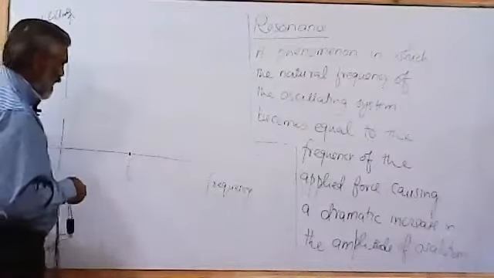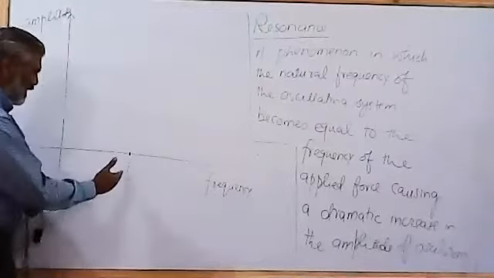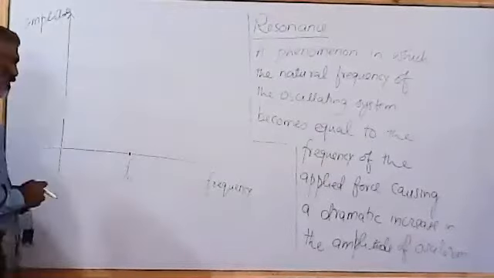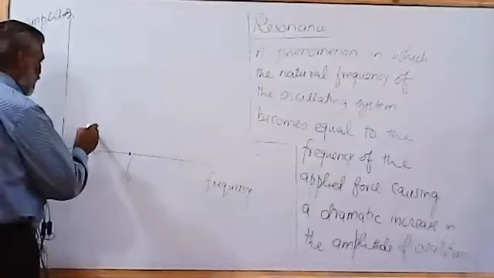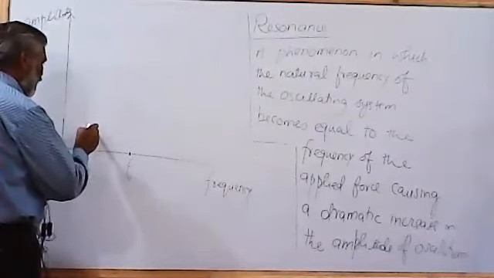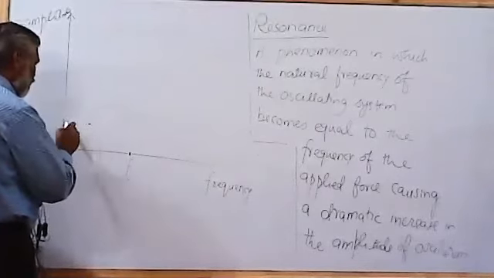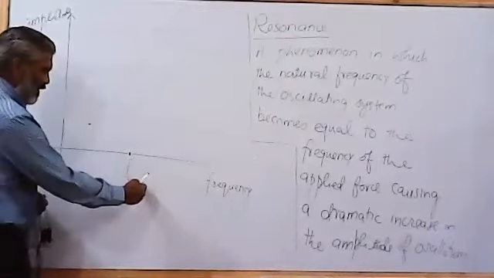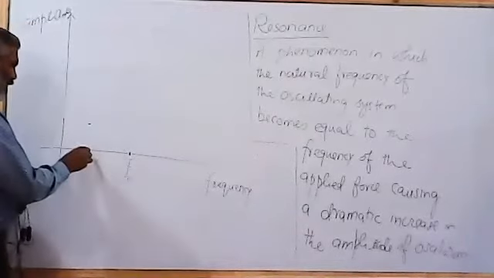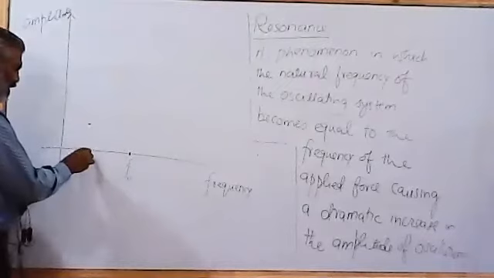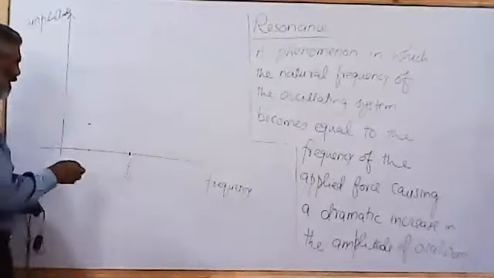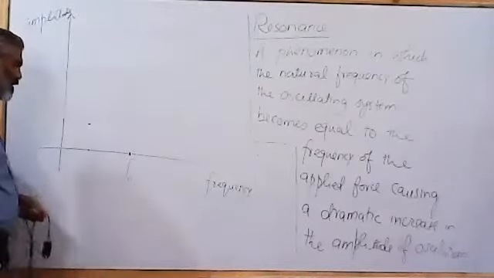If that periodic force has a frequency less than this natural frequency, the amplitude will not rise much, and maybe there is a small increase, an amplitude of this magnitude maybe. So if the natural frequency is different from the applied frequency, the force that we apply, then we have a small increase in amplitude.